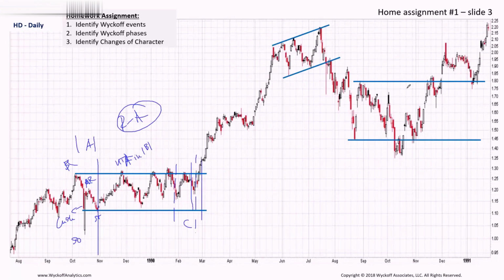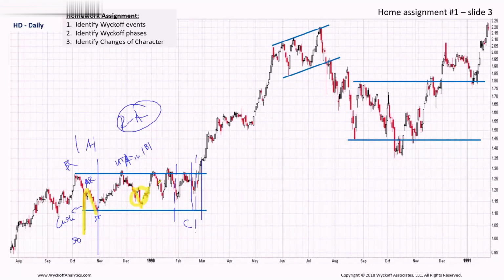So one of the things we talked about last time is looking at different phases and trying to define the structures within those phases, right? So for instance, this is one structure. It belongs to phase A. This is the test of another structure, and it has a structure of its own.